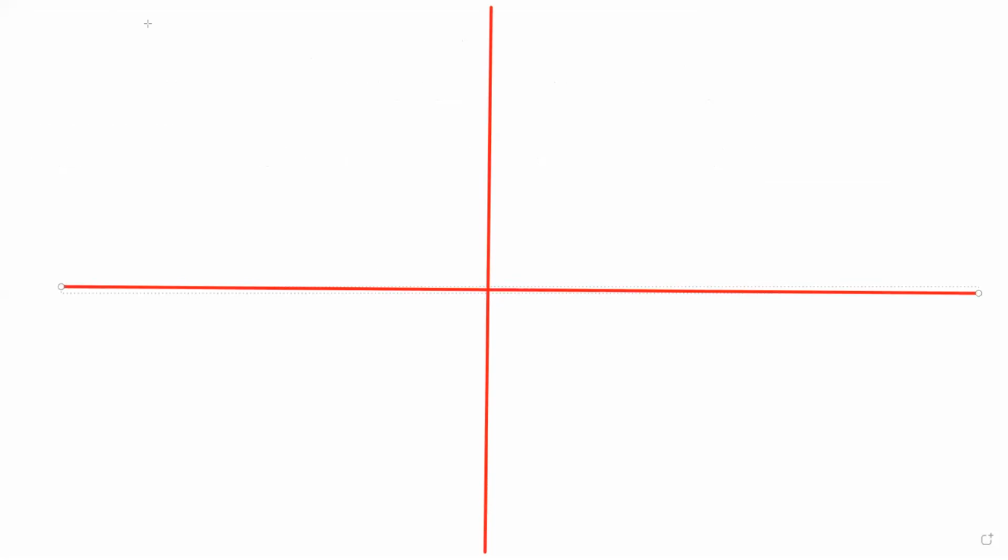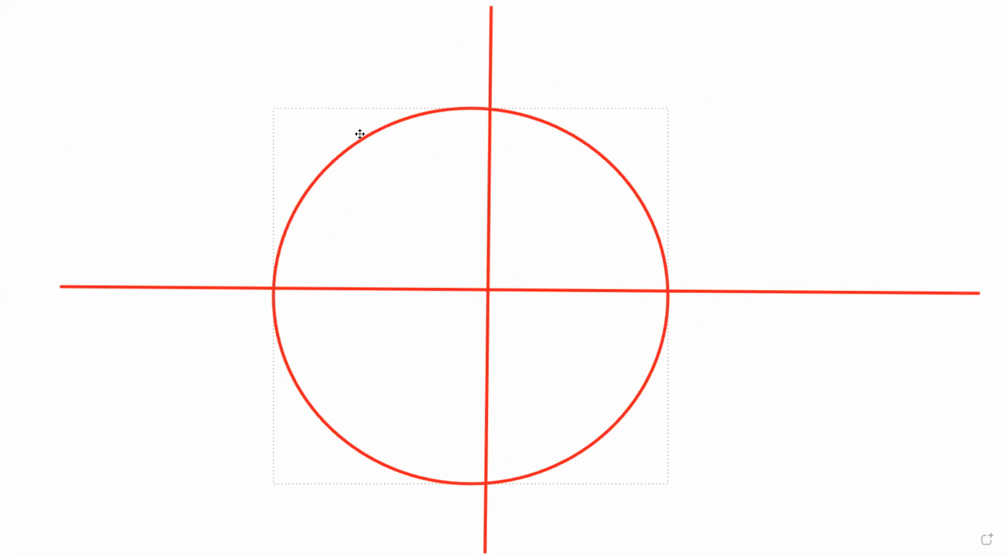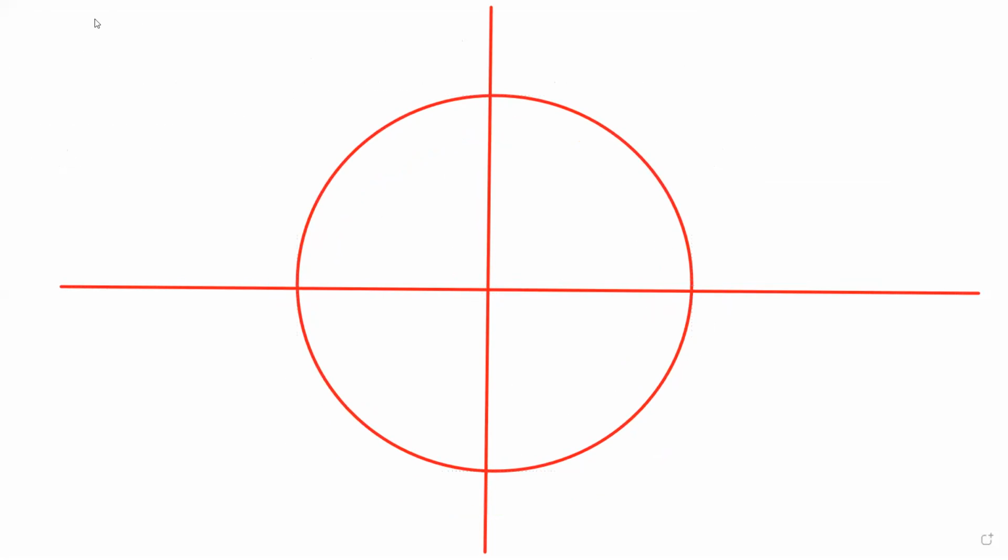Now here we have our circle. For the circle, we have the angles 0, 90, 180, 270, and 360.